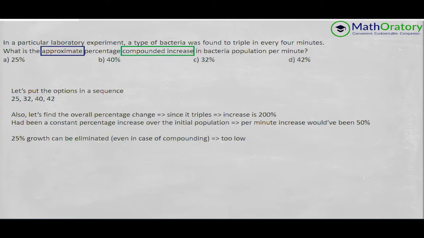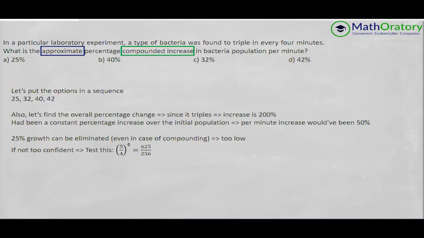But if you look at the four options, you have 25% as one of the options, right? It should be very easily understood that it's very low compared to what we are looking for. Because if you think of this as simple interest and compound interest, simple interest being 50% for a 4 year period, 25% is pretty low.